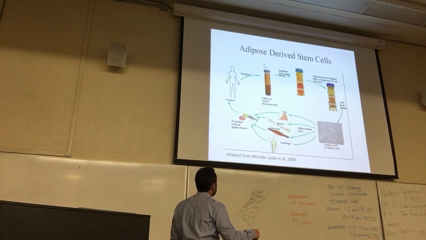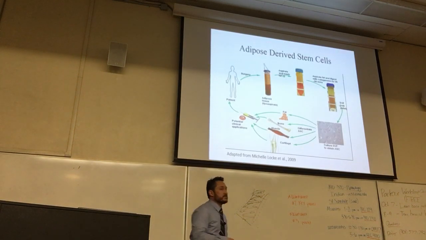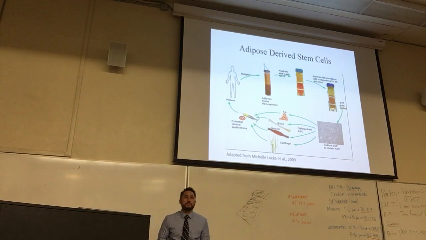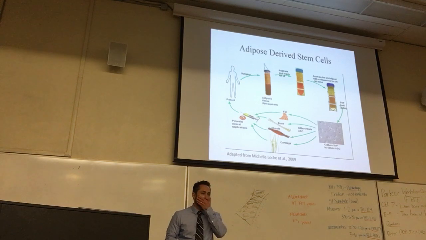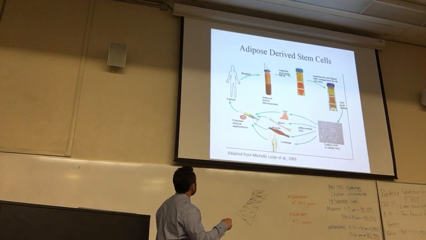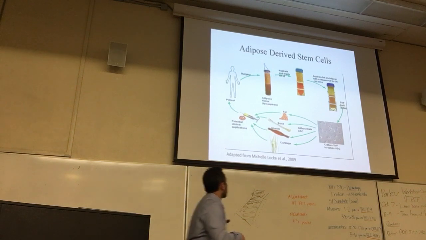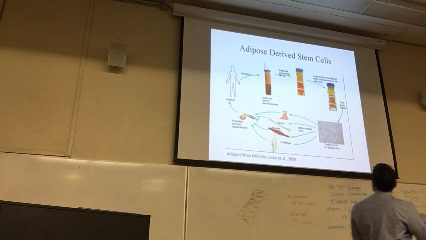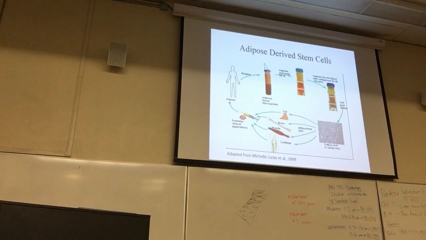Now, if we focus specifically on adult-derived stem cells that come from fat, and this is in my lab where most of our stem cell research is focused, it looks like this. The patient goes through a liposuction surgery. You get what's called lipoaspirate. You go through a couple of washes and aspirations where you're pulling off different levels of fluid.